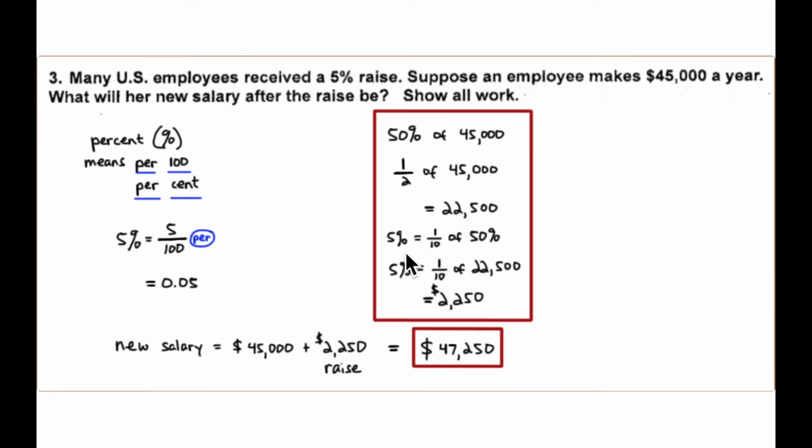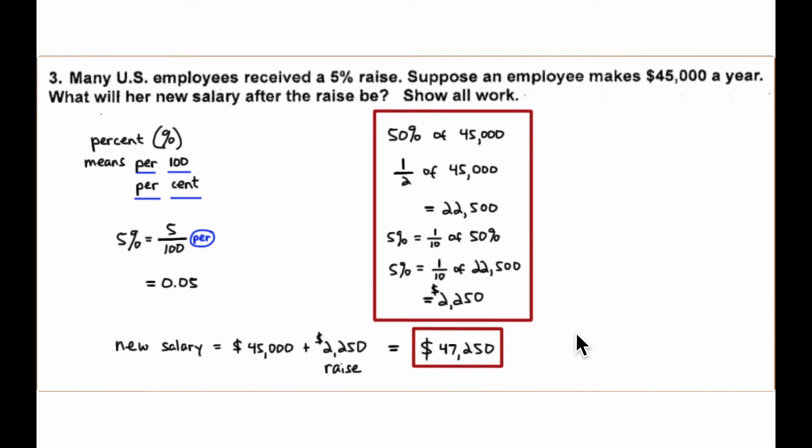And then 5% is 1/10 of $22,500. It's 1/10 of 50%. Well, 1/10 of $22,500 is $2,250. And then again, add that raise to the previous salary, and the new salary is $47,250.